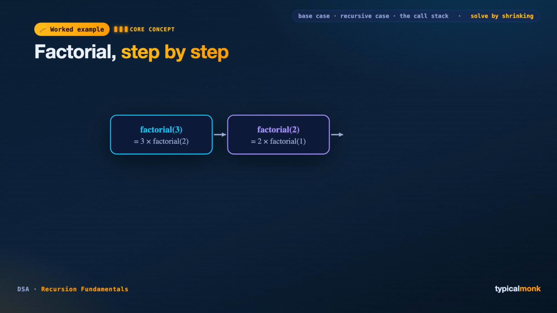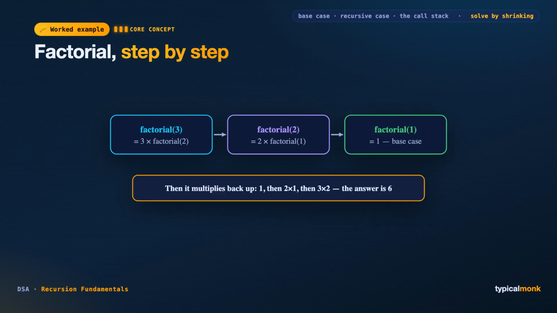Factorial of 2, in turn, is 2 multiplied by factorial of 1. Again, to answer this, we need an even smaller problem solved first. Notice how each step is the same rule, applied to a smaller number, exactly as we described. Factorial of 1 is our base case. The answer is simply 1, no further recursion needed.